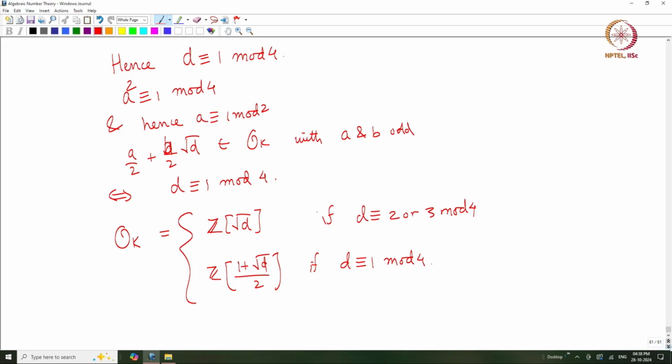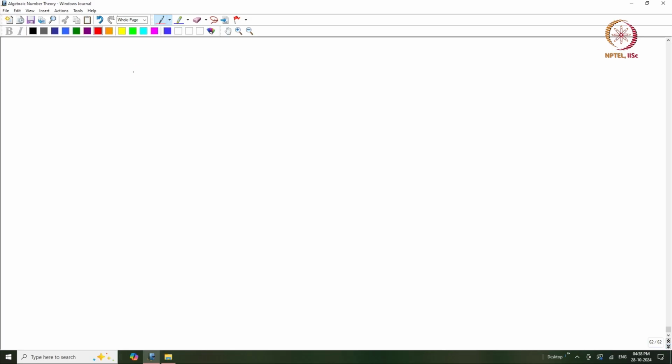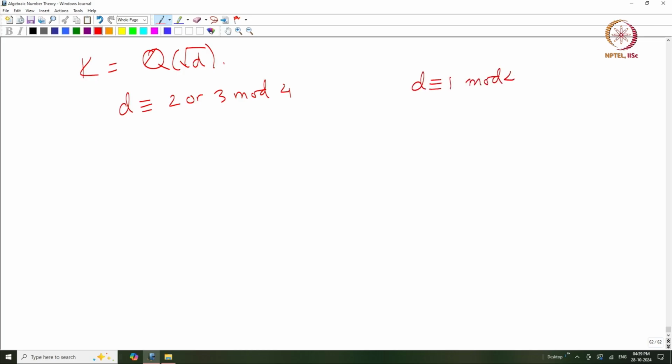And now we can also compute the discriminant. So, what is dk? So, let us assume first that K is Q square root of d, and as before d is a square free integer. So, let us take two cases: d is congruent to 2 or 3 mod 4, and d is congruent to 1 mod 4.